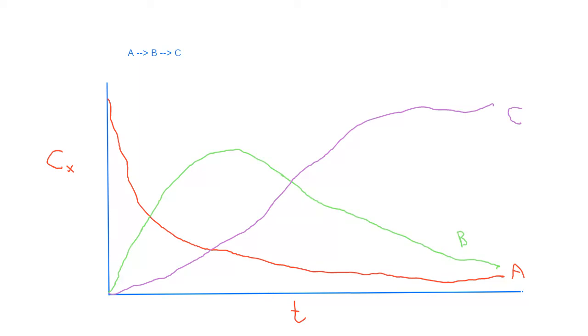So let's say that the component that you want the most of, the desired component that you're trying to produce, is B, and you do this in a plug flow reactor. You need to ensure that the residence time is such that your reactor is just this long, that the residence time equals that amount.